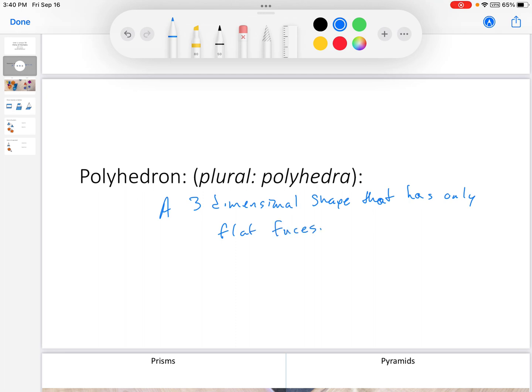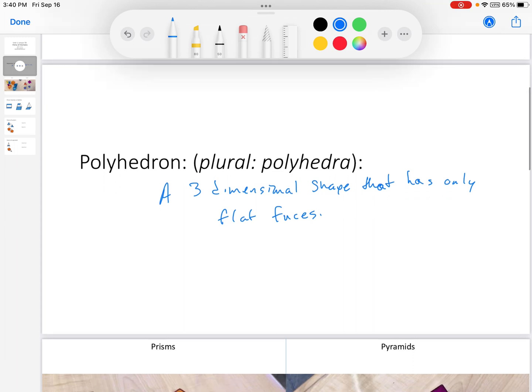So if it has any curves at all, it is not a polyhedron. For example, a sphere, which is a ball shape, is curved. Therefore, it is not a polyhedron. Whereas a cube, which has six flat faces, is a polyhedron. Get the idea? So let's move on.